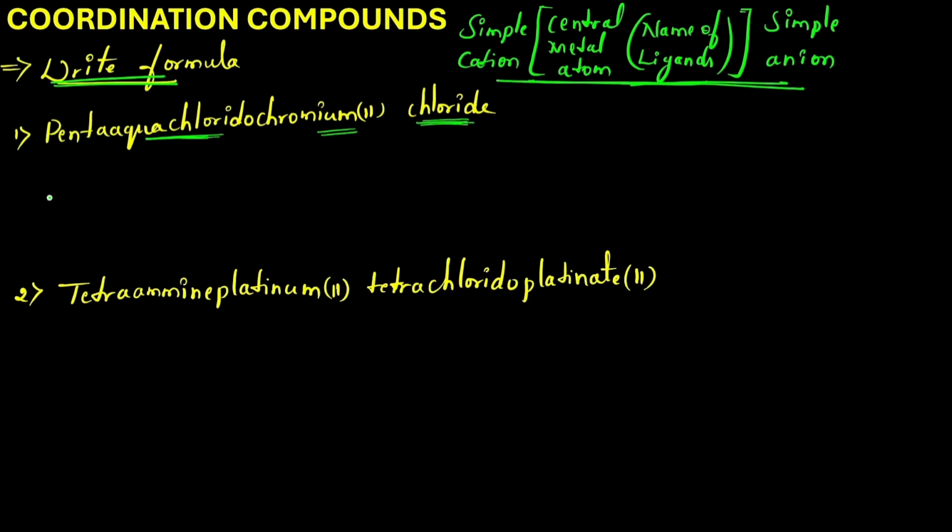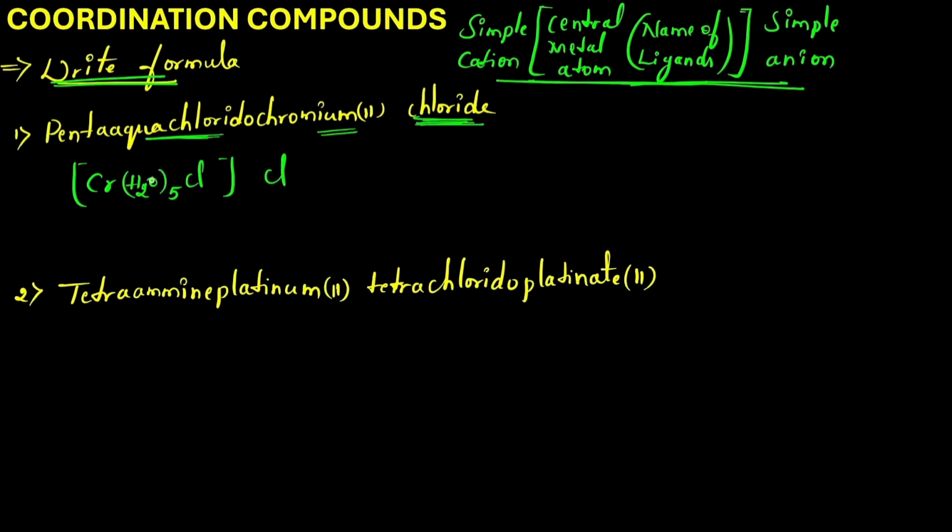The central metal atom is chromium. Then you have to write the ligands. We have pentaaqua. Aqua means H2O, and penta means 5 times. Then we have chlorido, only 1 Cl. Close the brackets, and then you have to write the counter ion, which is chloride.